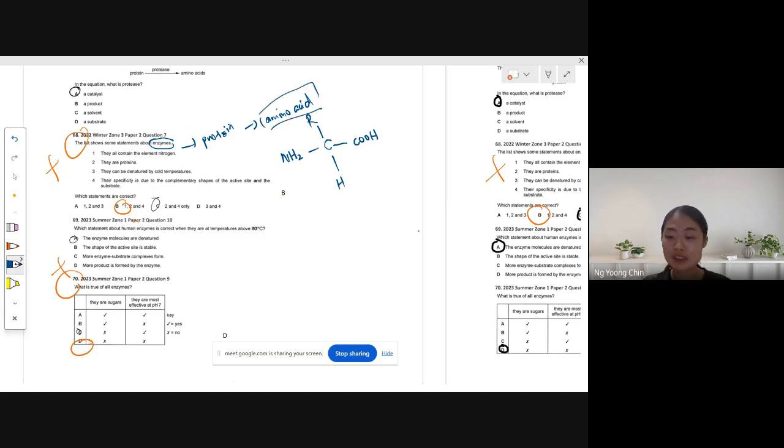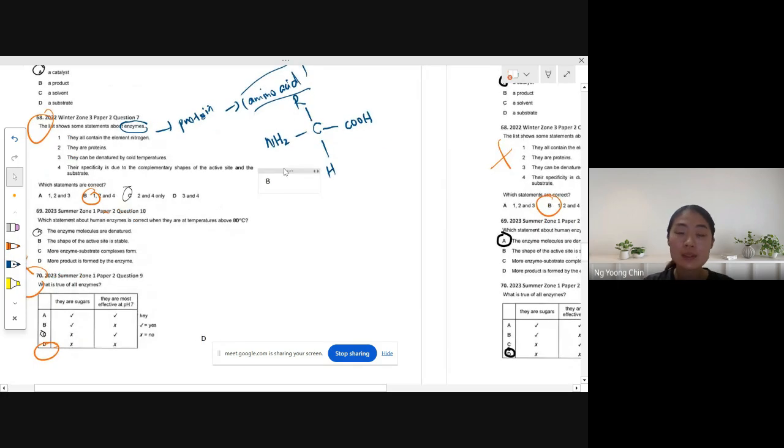As you can see from this structure, you will see the carbons, right? O means oxygens, and you will see the hydrogens. And then you will see this N. N refers to nitrogens.